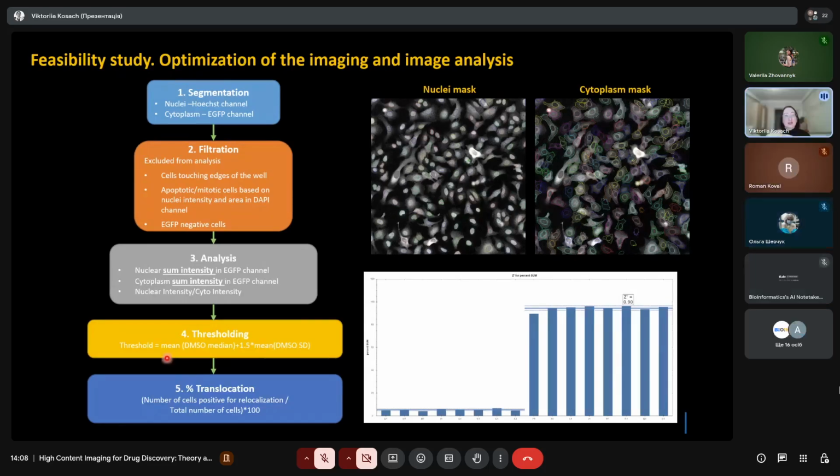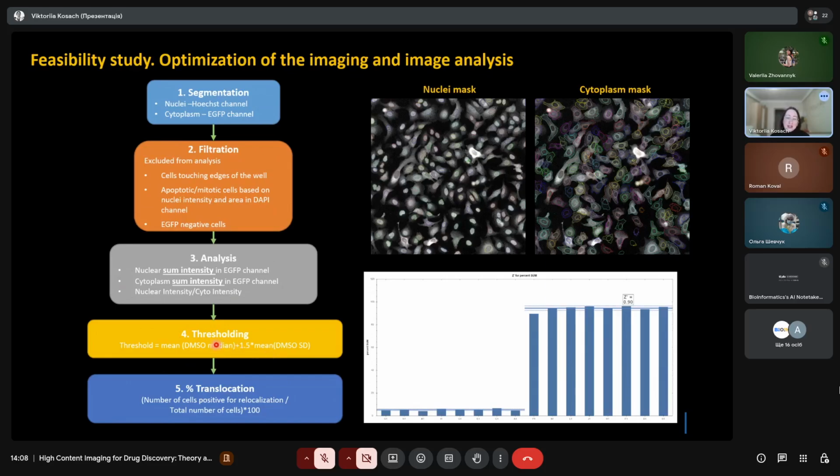So we considered positive for nuclear target activation the cells that had a higher nuclear to cyto ratio in comparison to DMSO control plus 1.5 standard deviations from DMSO control.